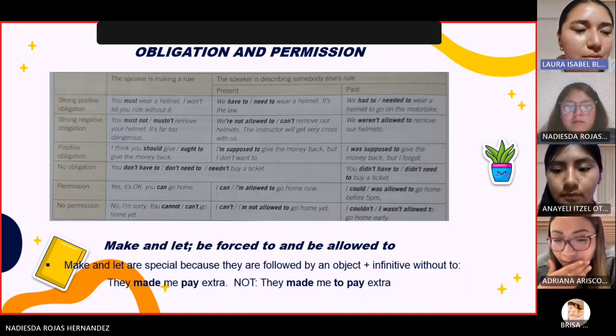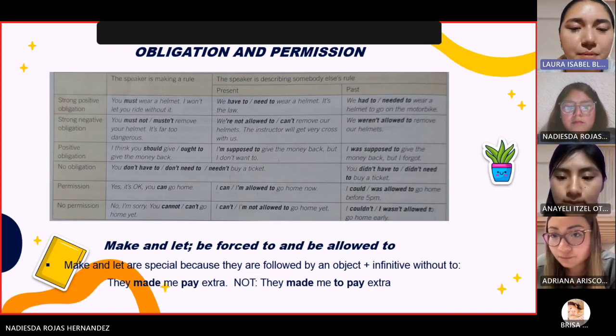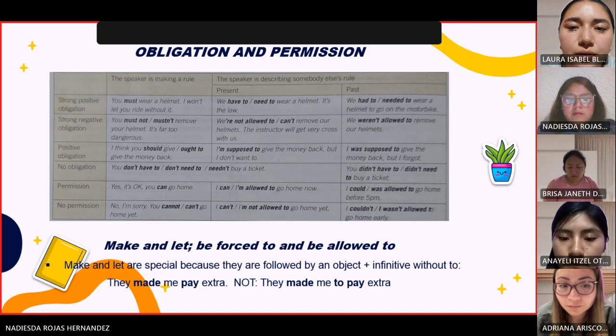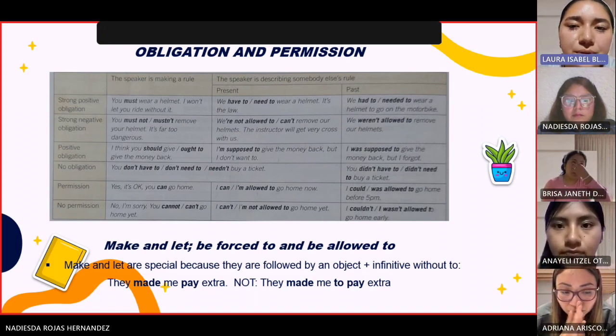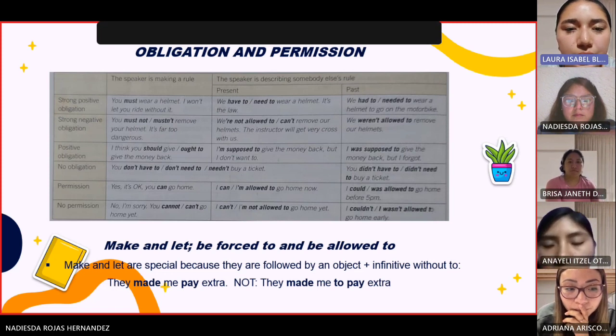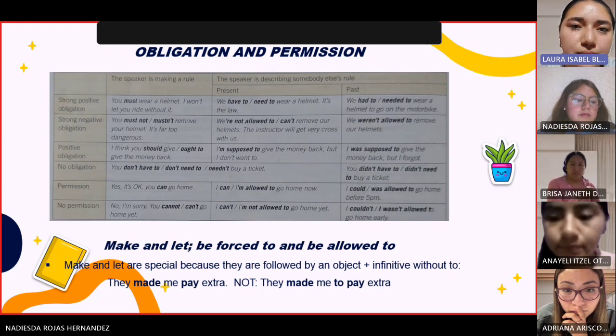It's the law. Strong negative obligation, for example, you must not remove your helmet. It's far too dangerous. In person, we say we are not allowed to, you can't remove your helmets. The instructor will get very cross with you.